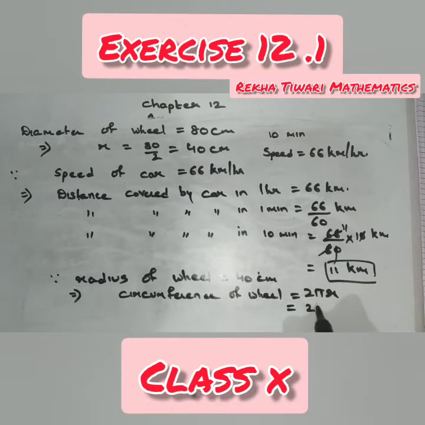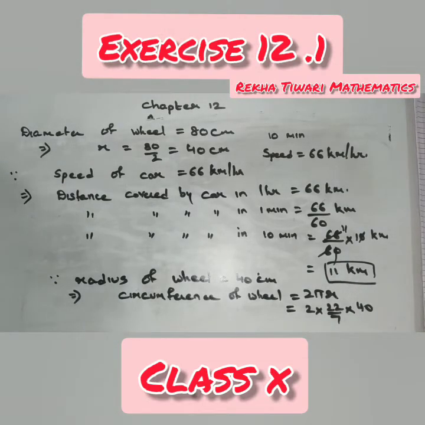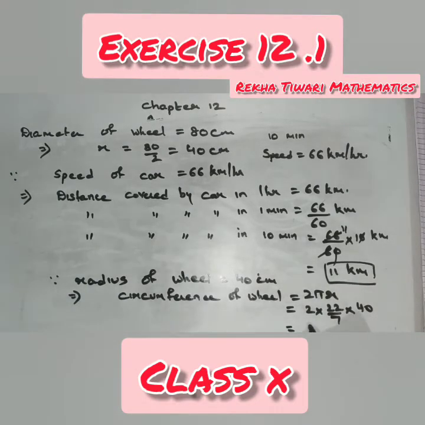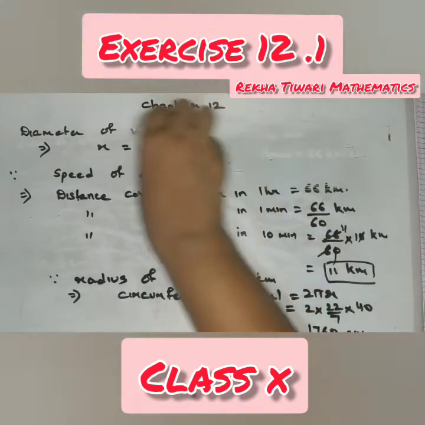So this is 2 into 22/7 into 40. If you solve this, you will get 1760 upon 7 centimeter. So this is the circumference of the wheel. Distance covered is 11 kilometer. Let us convert 11 kilometer also.